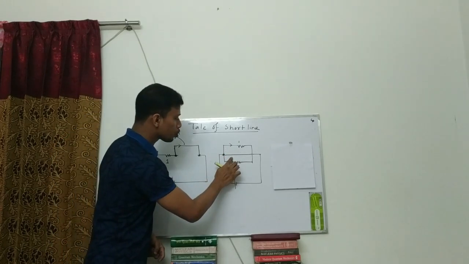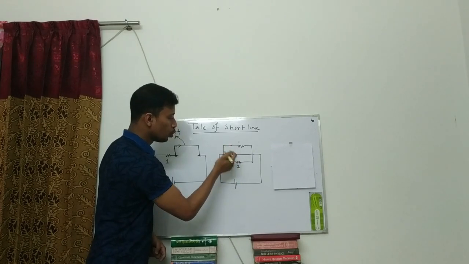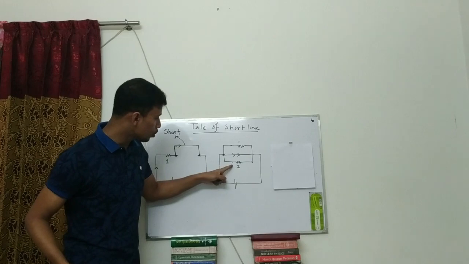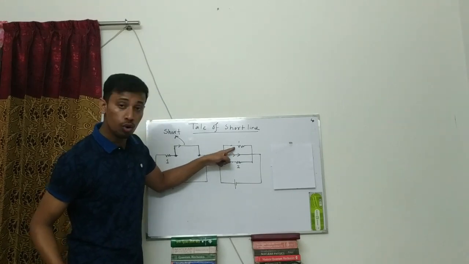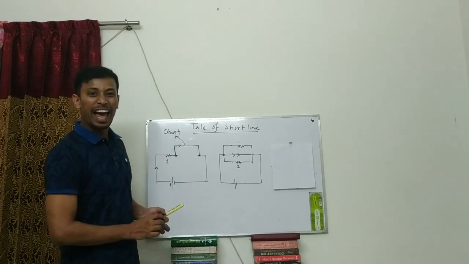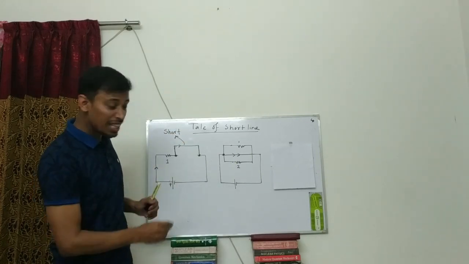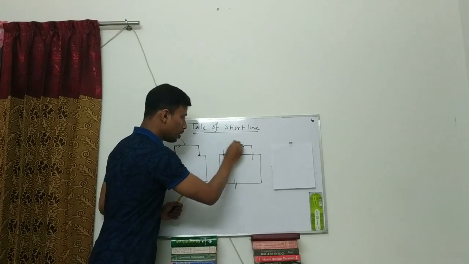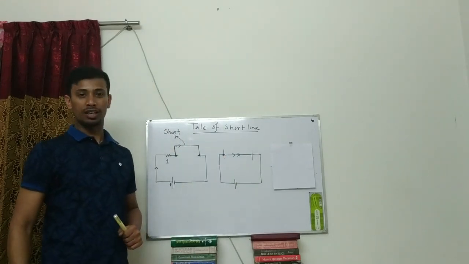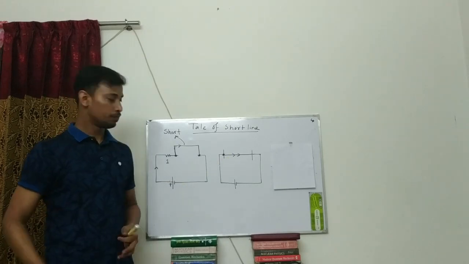So all electrons will move through this line. No electron will go through resistance 2 and no electron will go through resistance 1. So though the circuit has two resistances, none of them will work. This will be the new look of the circuit. So it's a short line.